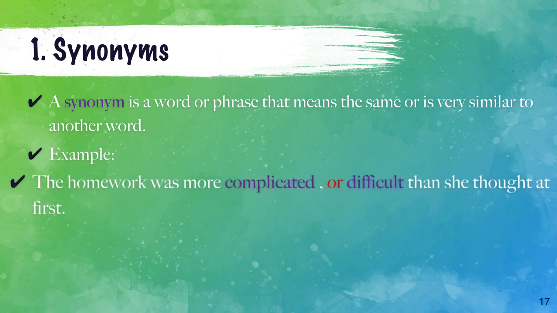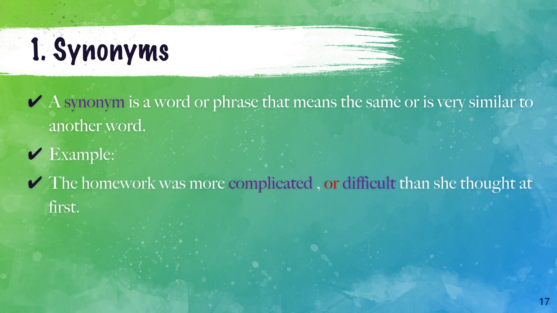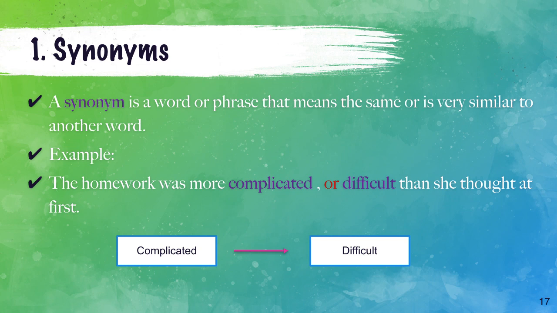For example, the homework was more complicated or difficult than she thought at first. So we have the word complicated and the word difficult, and both are synonyms or have similar meanings because we have the signal word or, which shows that we have here a synonym.